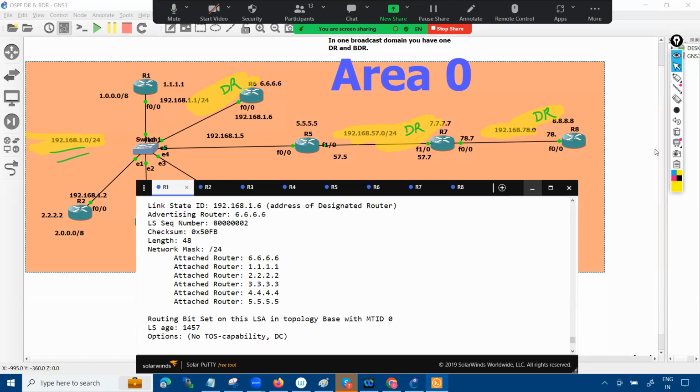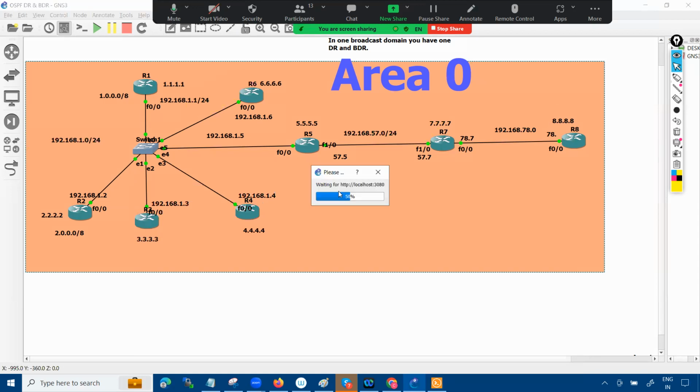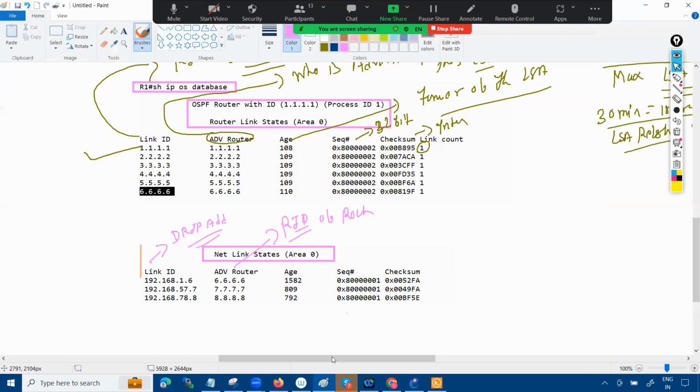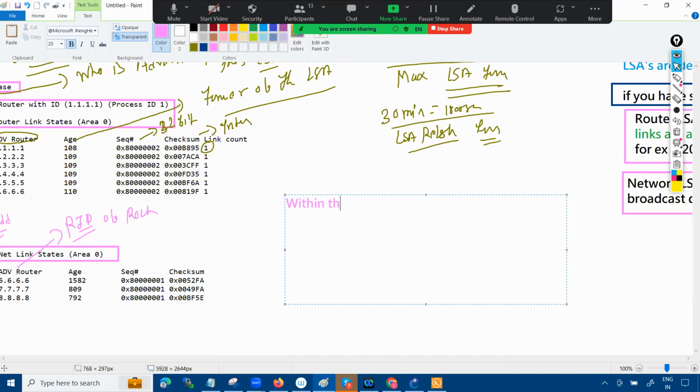That's why it's called within the area. It has detailed information. OSPF maintains the detailed information.